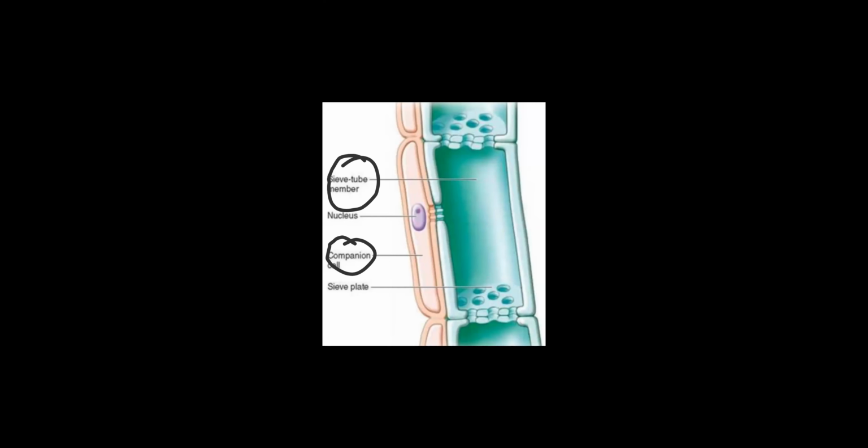So pits are found on both sides, parallelly arranged, and together they become the area where the transportation of materials can take place, mainly from the companion cell into this sieve tube member, and regulate the activity. Materials which go from here to here, mainly the sugars, come from the adjacent photosynthetic cells.